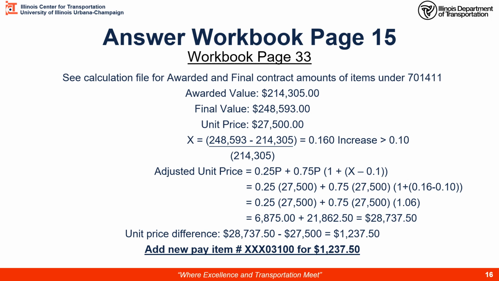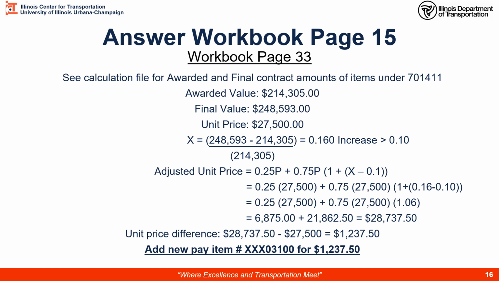So if you remember our X in our calculation, we got to take the final value, subtract off the awarded value, and divide by the awarded value, and that gives us an increase. It's greater than 10% or 0.1, so we proceed. Also note that the final value is higher than the awarded value, so we know we're going to do an addition or an increase. So let's do our adjustment.